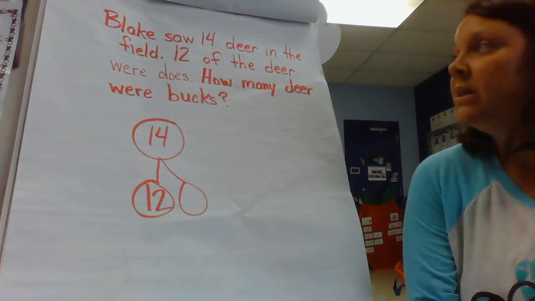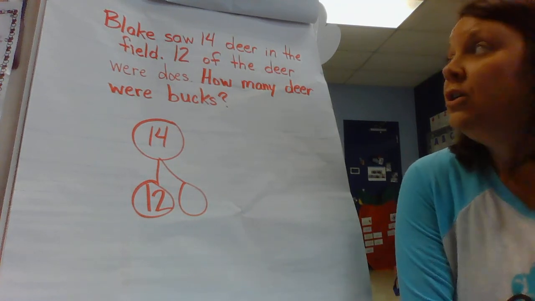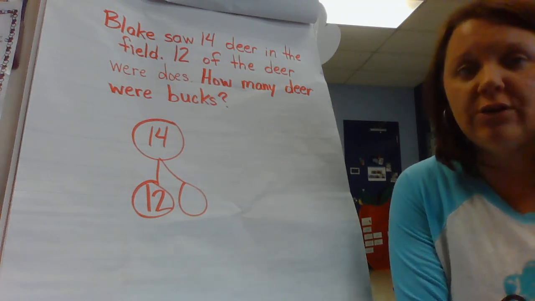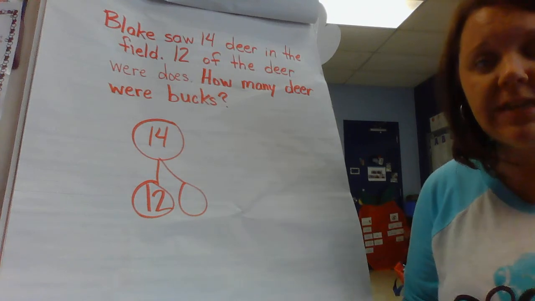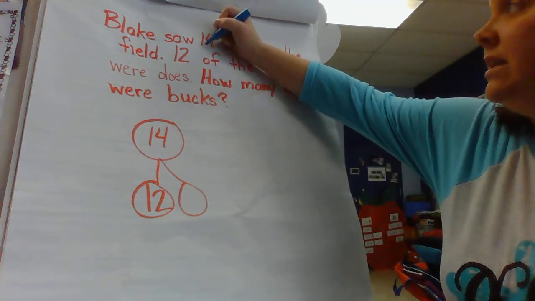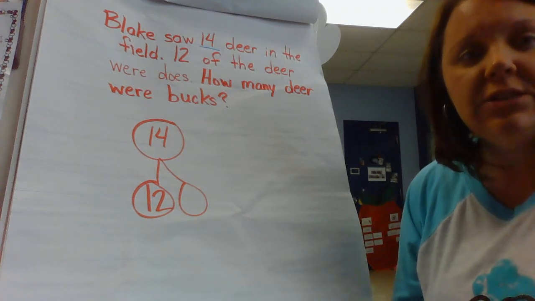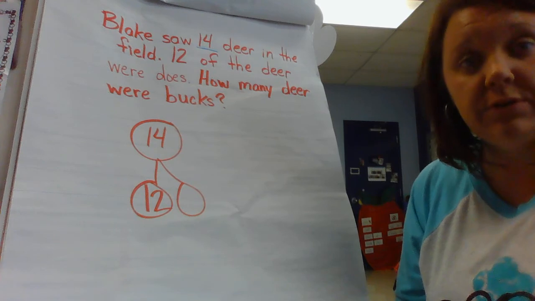Okay. Blake saw 14 deer in the field. 12 of the deer were does. How many deer were bucks? So let's talk about the information that we know. We know that there were 14 deer. That is the total amount of deer that were in the field.